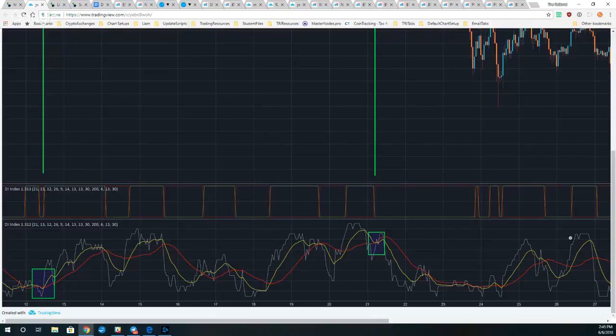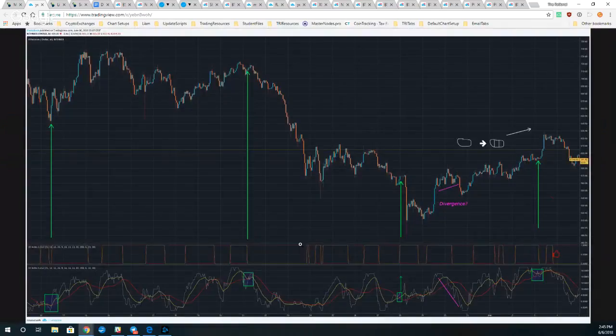But in this case, you can see kind of like here, it just goes to a certain level and then stops. It's not really the best divergence hunting tool, in my opinion. So when you said divergence to begin with, I was a little, I don't know. I've never used it for divergence.